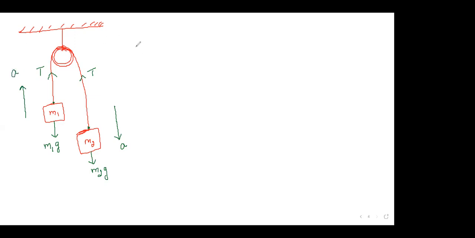Now, shall we write the equations? Equations for the body A. Since it is moving upward, T should be more or M1G should be more?